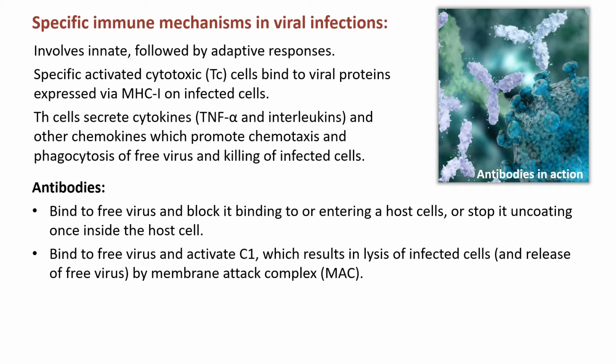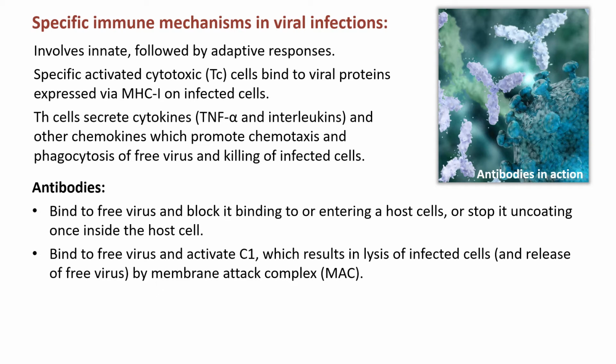Activation of complement, of course, is another role of antibodies. So these could bind to free virus and then to the Fc end, that's via the Fv end. The Fc end binds to C1, complement 1 from the liver, which then, of course, goes through those whole pathways and we get things like membrane attack complex that can result in the lysis of infected cells.